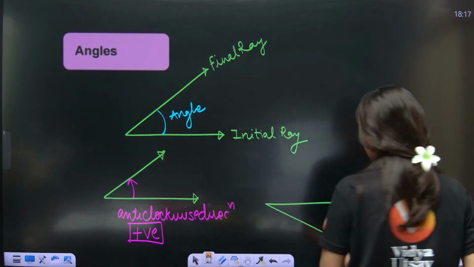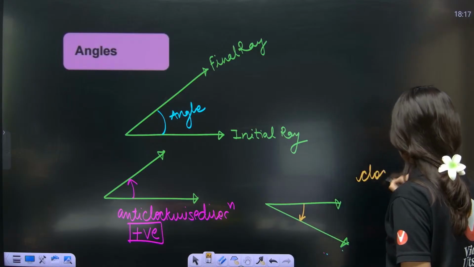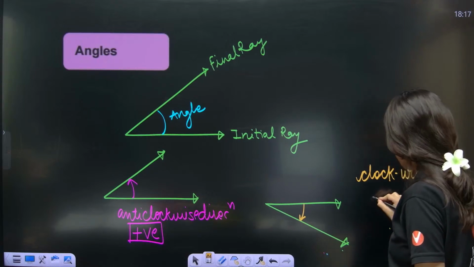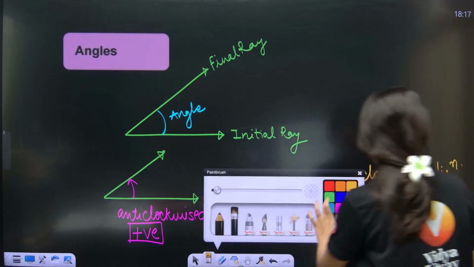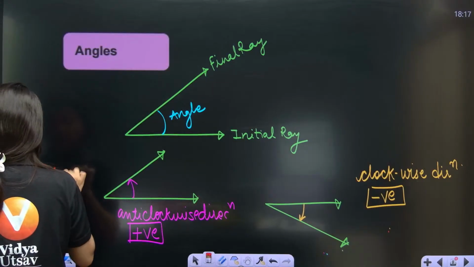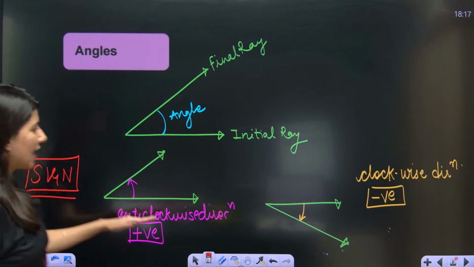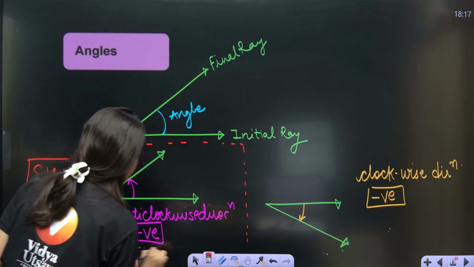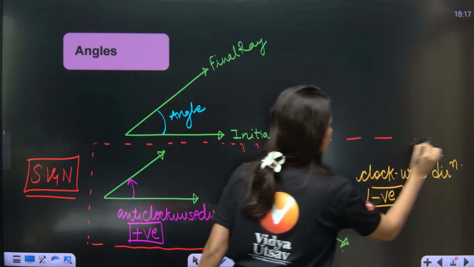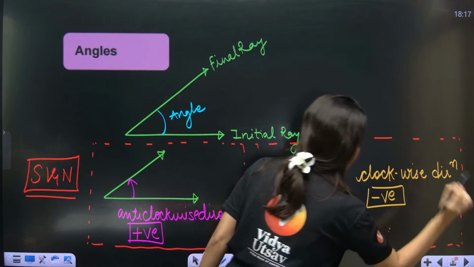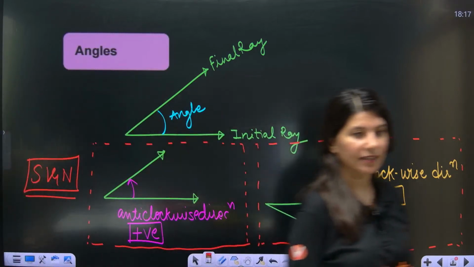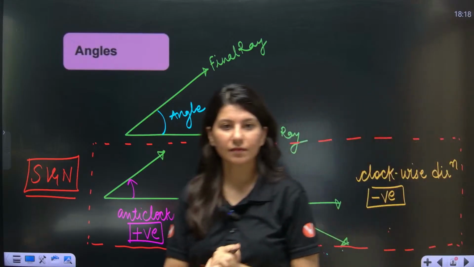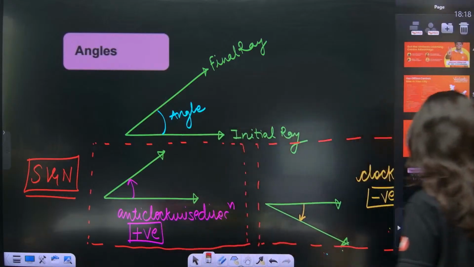And this one is in the clockwise direction, which is negative. So clockwise direction is always negative. So if I talk about the sign convention of an angle, there is anti-clockwise and there is clockwise. Noted? Everybody got it? All right, so this is positive, this is negative.